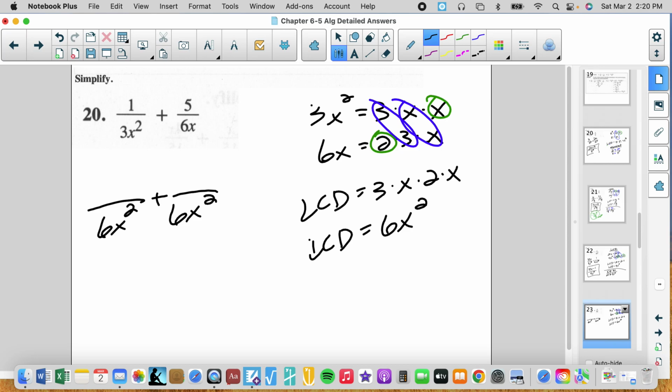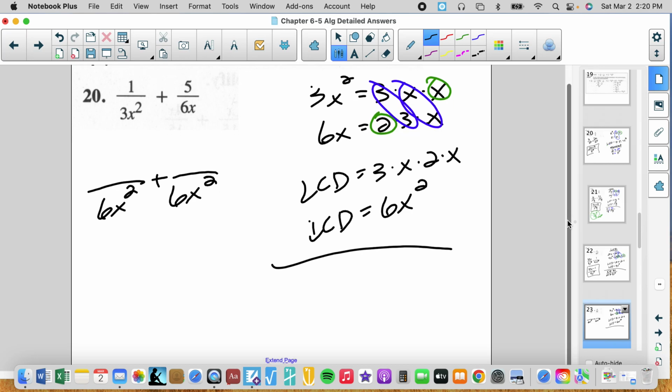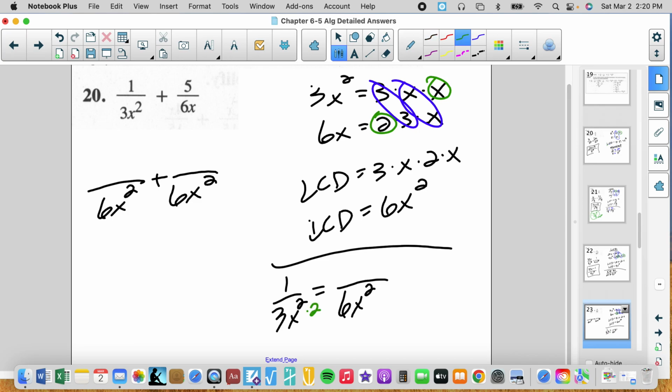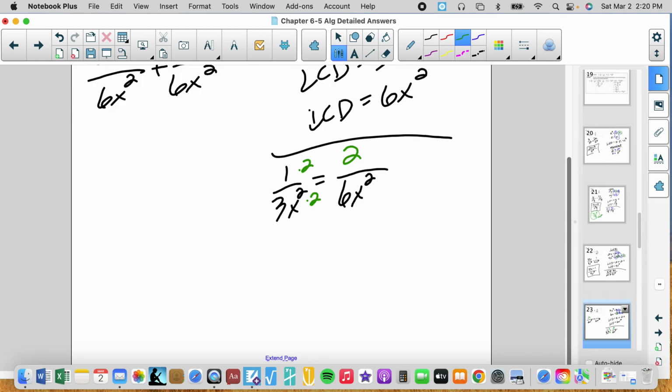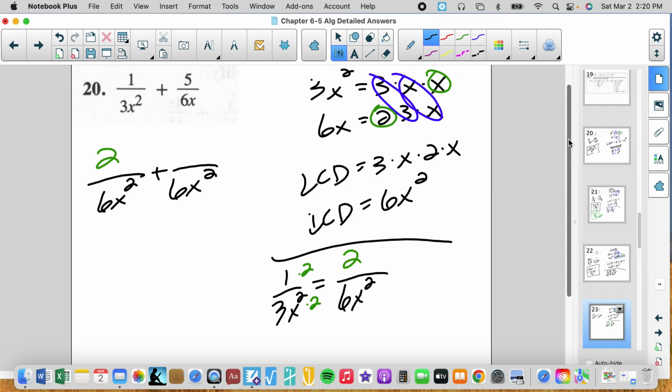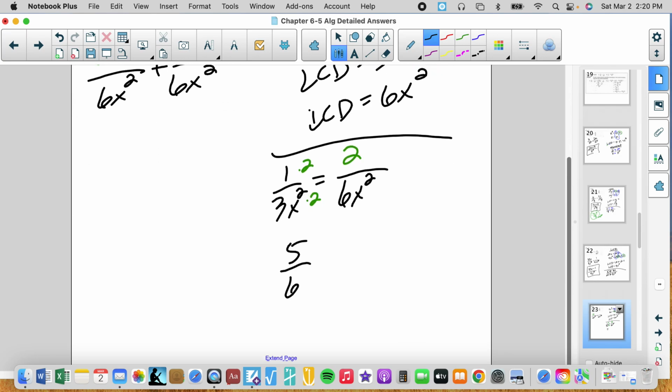6x squared. None of those have the same denominator, so we're going to have to convert both of them to common denominators. So we're going to multiply this by 2, and we get 2. And then we're going to take the other one, which is 5 over 6x equals what over 6x squared?